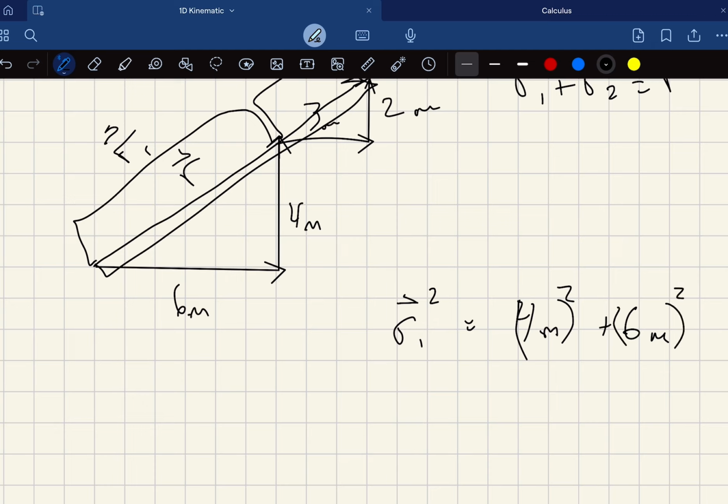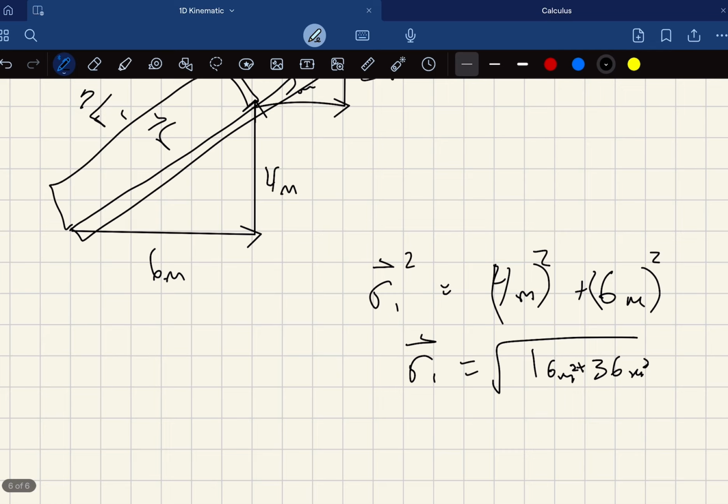And then that is equal to root 16 meters squared plus 36 meters squared, which is equal to our R1 value. So, also the meter is squared, we're not squaring the 16. So that is equal to radical 52 meters, because you square root the meters. That is R1.